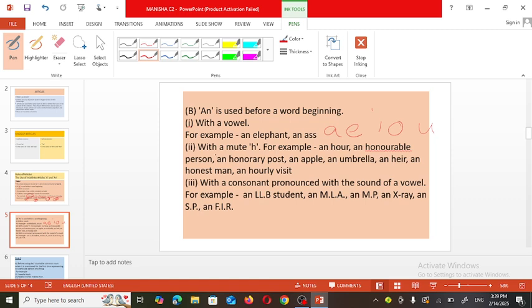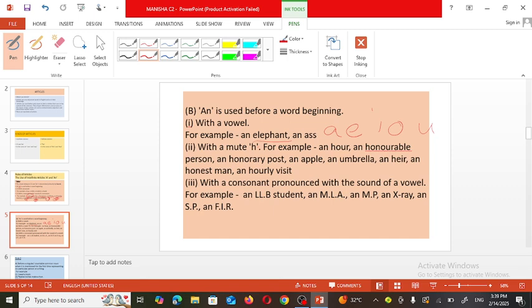For example, elephant, so an elephant. An ass. An eagle. An interesting. So here they sound like vowels.